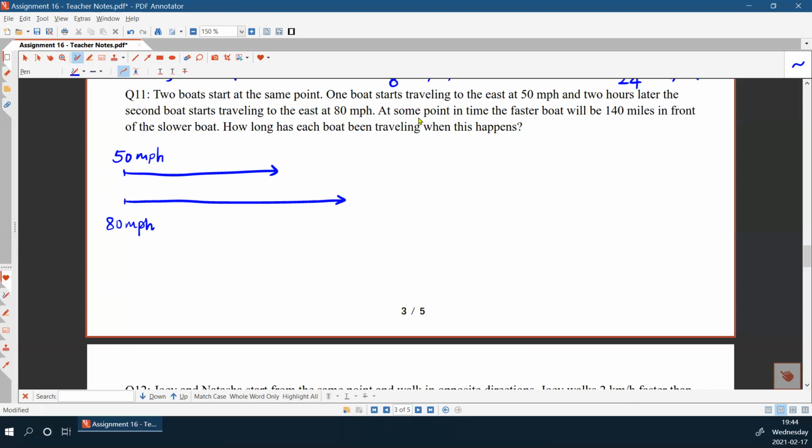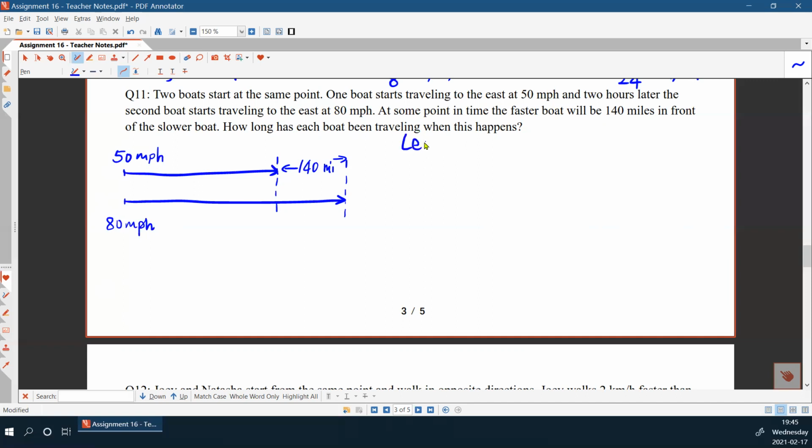And we also know that at some point in time, the faster boat will be 140 miles in front of the slower boat. Okay, so at some time, they are 140 miles apart. And it asks you to find how long each boat has been traveling when this happens.